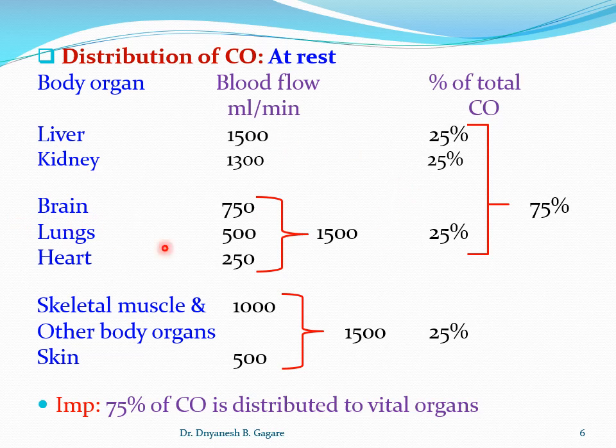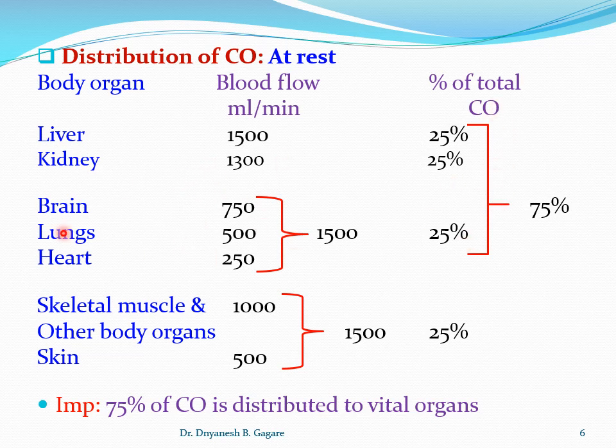Then in addition to that, the brain gets 750 ml, lungs get 500 ml, heart gets 250 ml blood per minute, that is total 1500 ml. Means these three organs get 25% of total cardiac output.